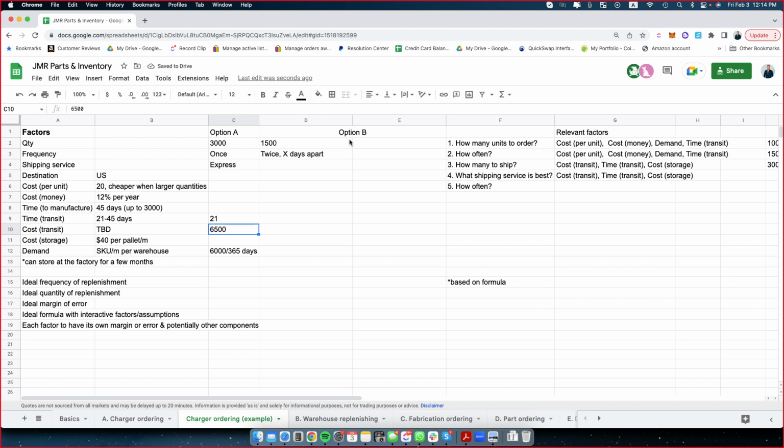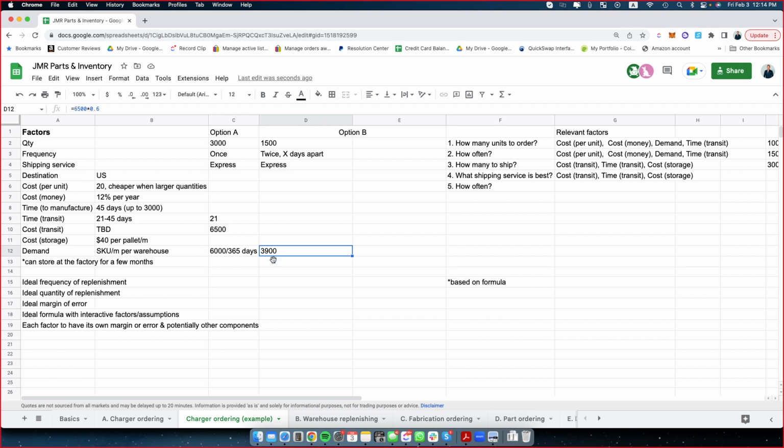Then option B would be to ship a small amount express, and that's going to cost us 6,500 multiplied by 60%. It's going to be a little bit more than half, because the larger the order is, typically the better the price becomes per cubic meter.